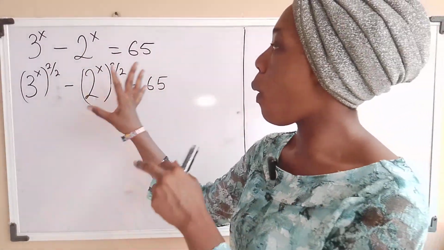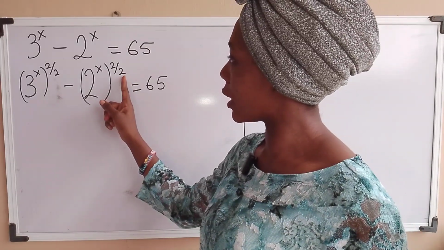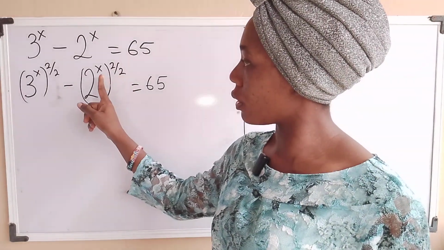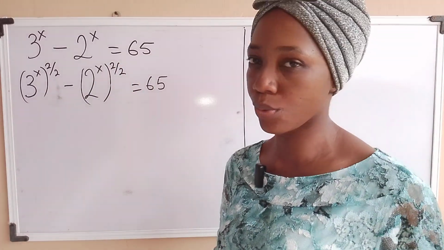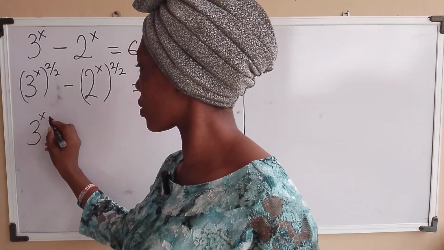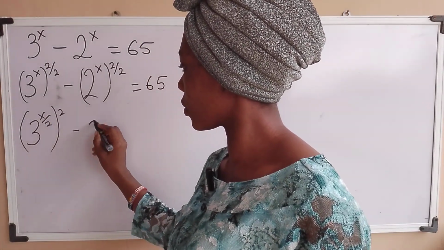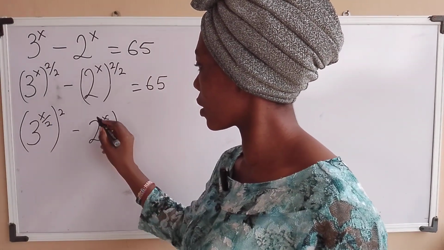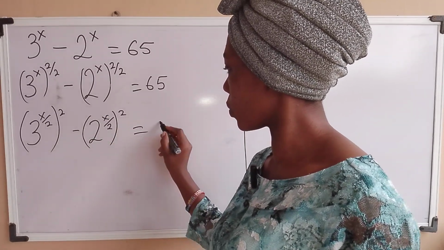You understand? So what we're going to do again is introduce this denominator inside here. I'm going to leave this power as just 2. So it will look like this: 3 to the power of x over 2, all squared, minus 2 to the power of x over 2, all squared, equals 65.